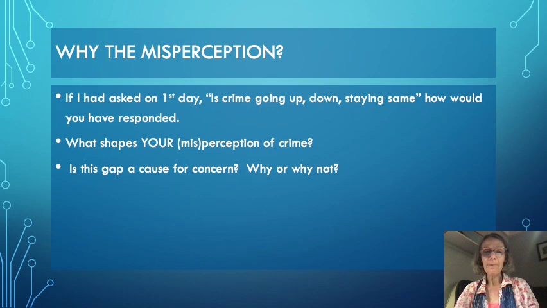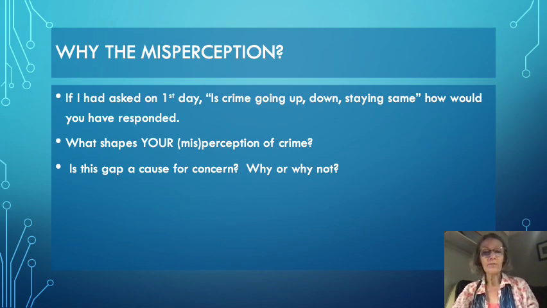And is this gap between perception and reality a cause for concern? We live in a society where people vote on what their concerns are. And if people think that there's a lot of crime going on in the United States, they might support more get-tough-on-crime legislation, keep people locked up and those sorts of things. But if the reality is that crime is on the decline, then people might be voting based on a perception that's actually not in line with reality.